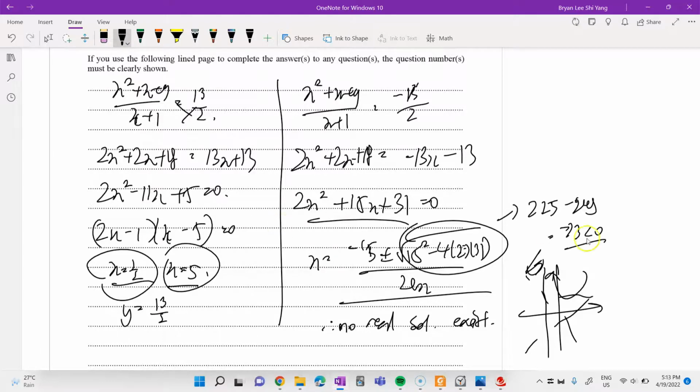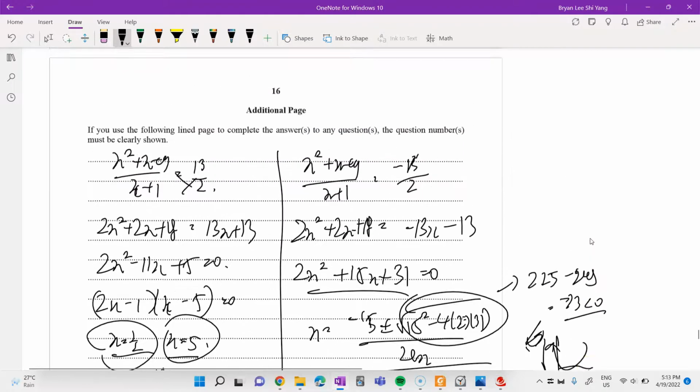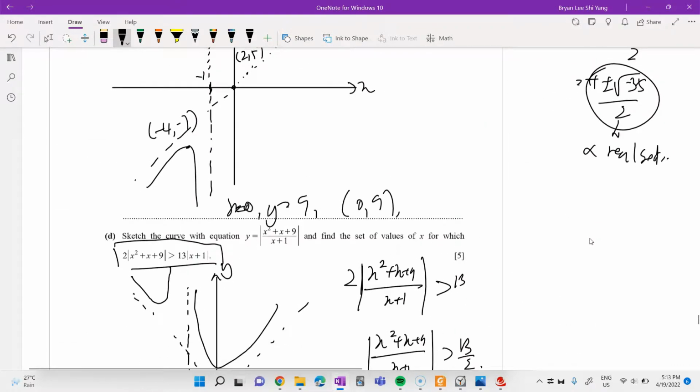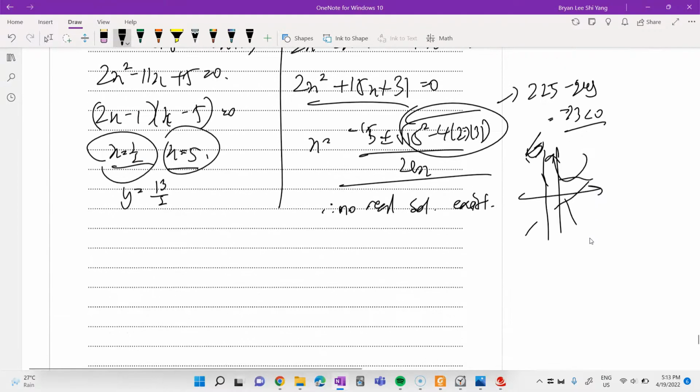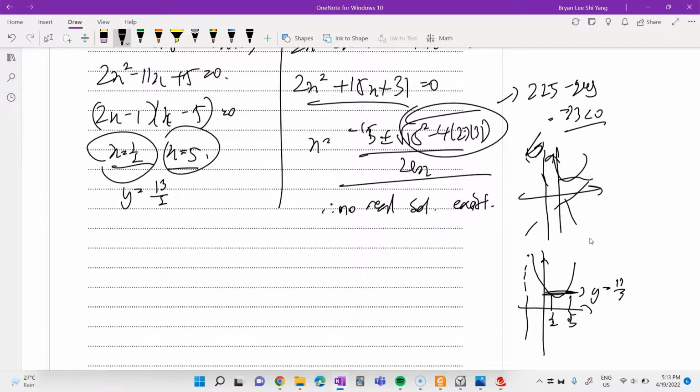Yeah. So if we want our values of x for which this inequality holds, I'll draw it more nicely. Okay, wait. Something like this, and somewhere here, these are the two values, 1/2 and 5, where y equals 13/2.